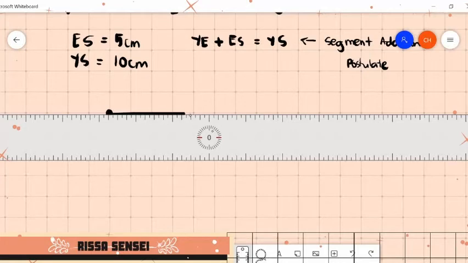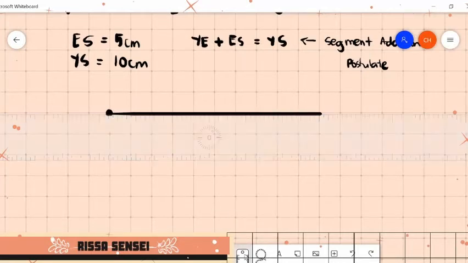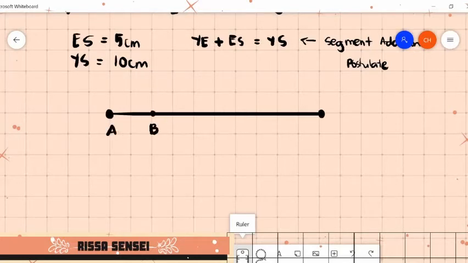So, let's say we have this segment here. Ayan. And this is point A, this is point B, this is point C, this is point D. Okay. Ayan. So, wala tayong midpoint dito.